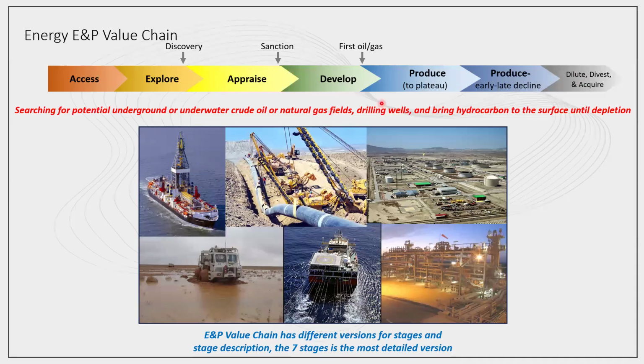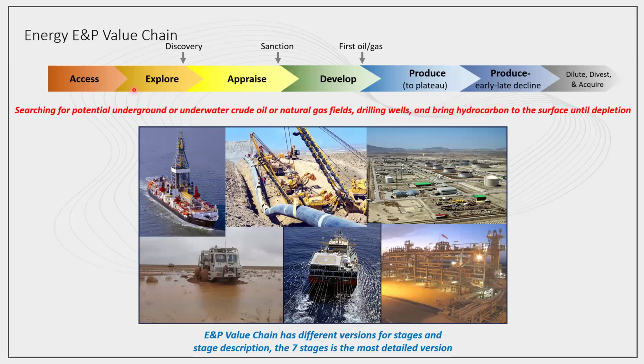Maybe 2 stages or 3 stages are merged together. It ranges between 5 stages, 6, up to 7. So 7 is the most detailed version, and this is what we are talking about here, because it explains each one of them in detail.